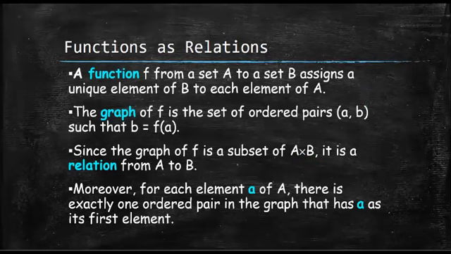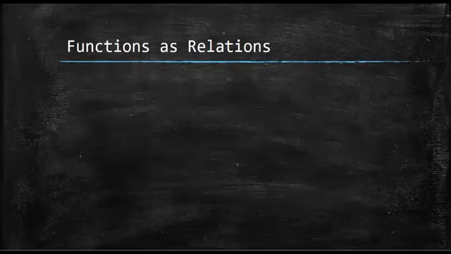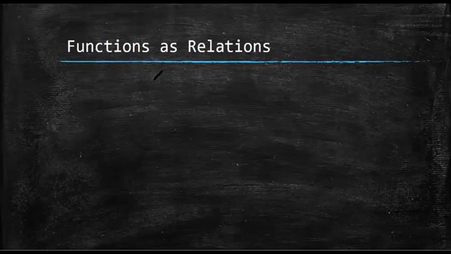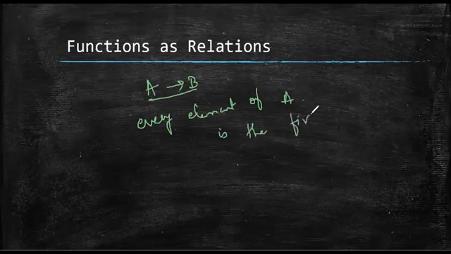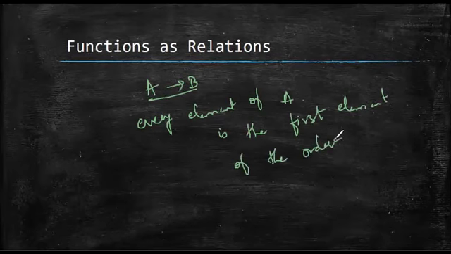The next thing is, if R is a relation from A to B, then every element in A is the first element of exactly one ordered pair of R. What do we mean by this?